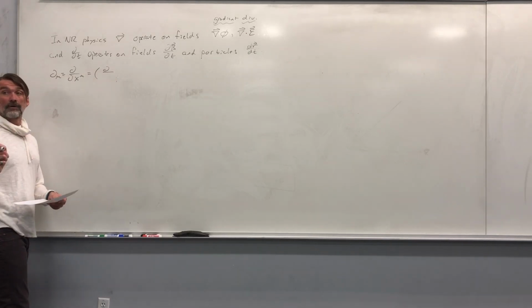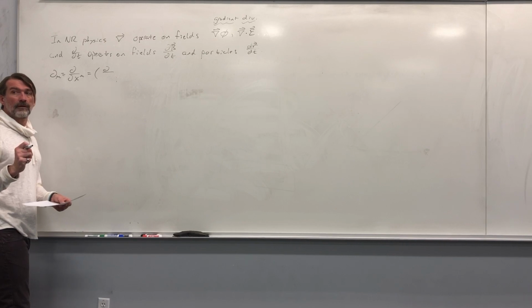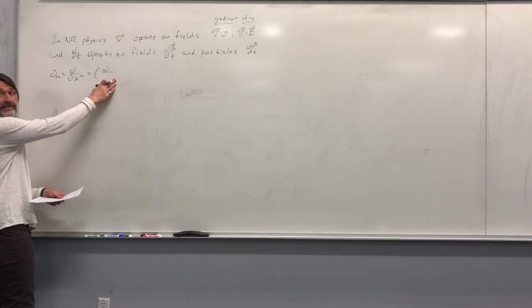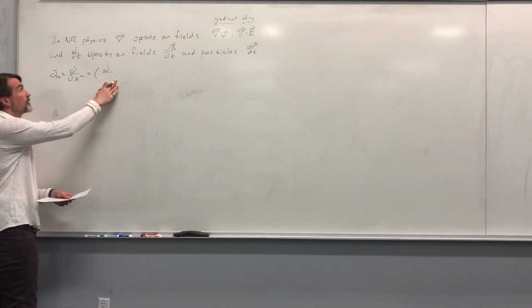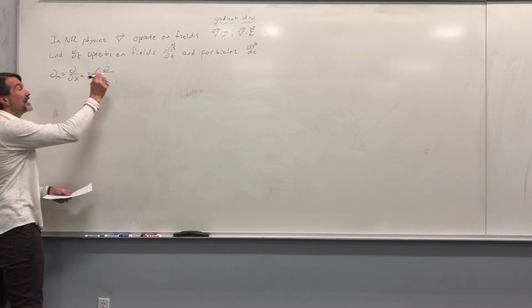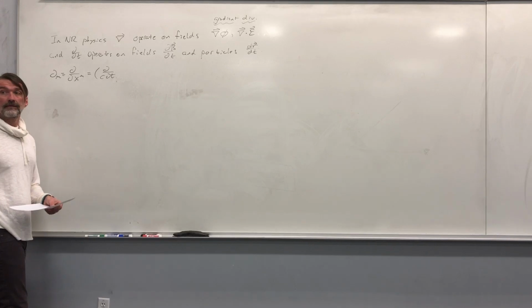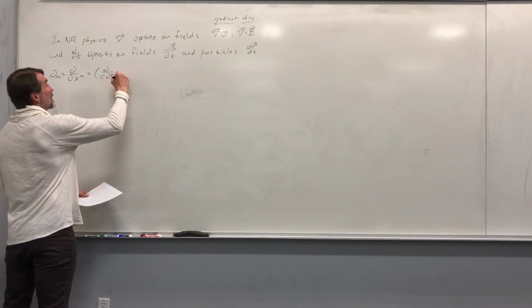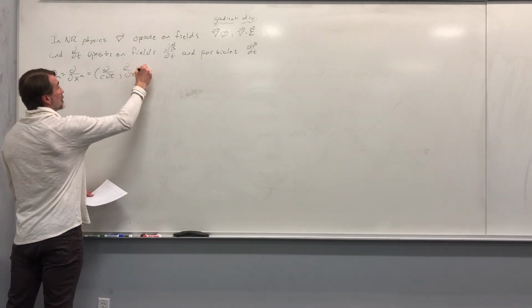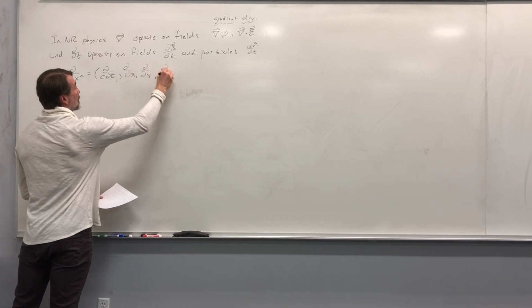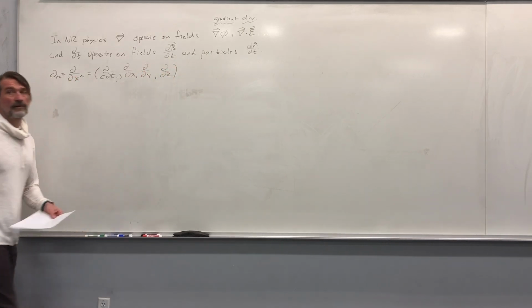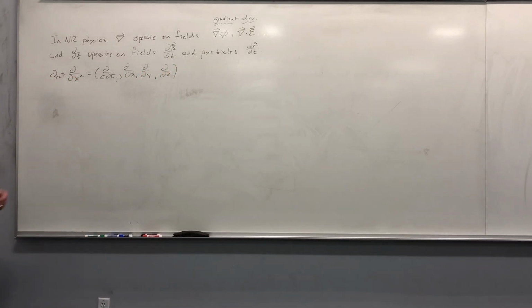Or d by dx0, dx1, dx2, dx3. So the first term is d by dx0, so we want this to be that? Yeah, and then d by dx, d by dy, d by dz. Okay?